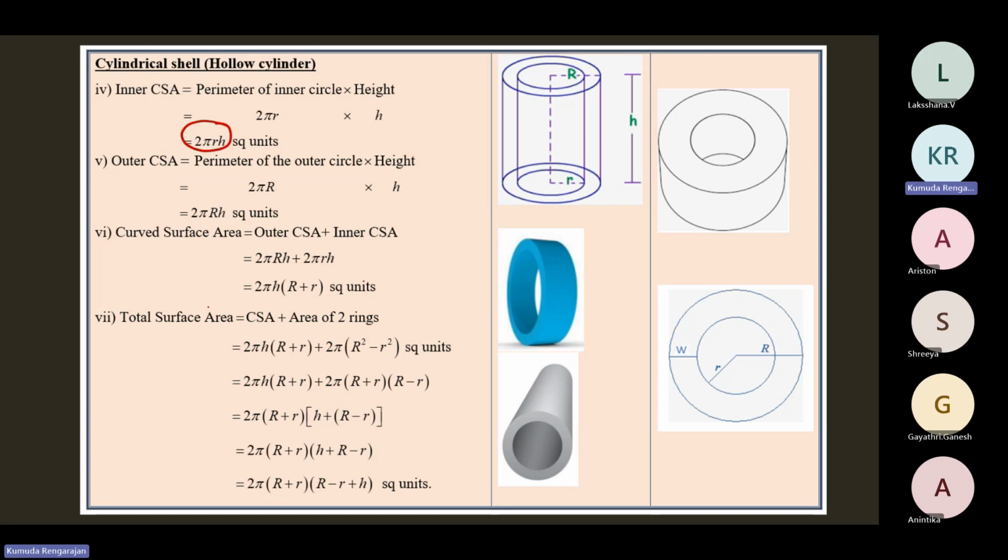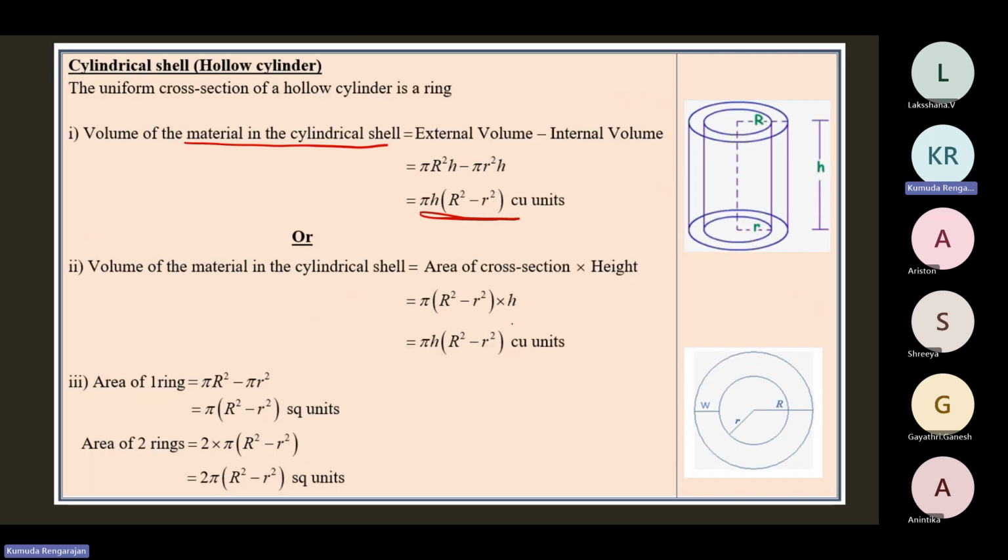Then you should find the outer curved surface area using this formula 2 pi capital R h. Then you must find the area of the two rings. One ring is pi into capital R square minus small r square. Two rings, you just multiply that answer by 2. And add all this, you will get the total surface area of this pipe.